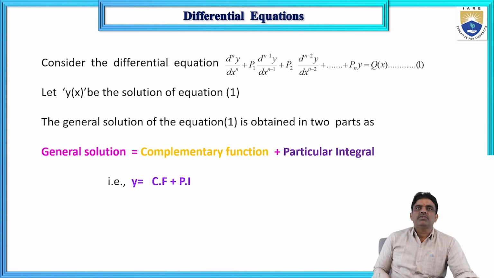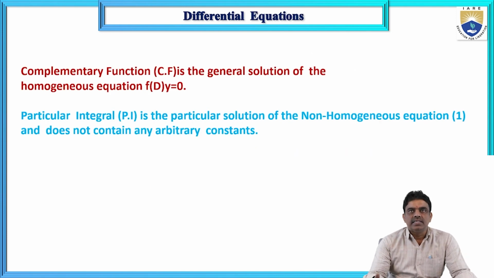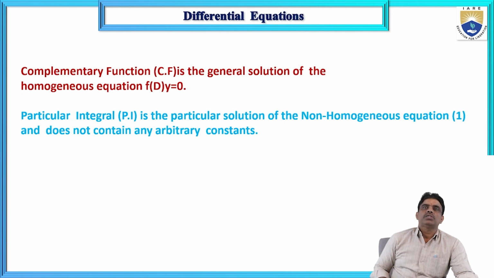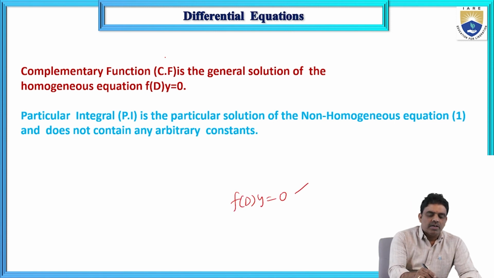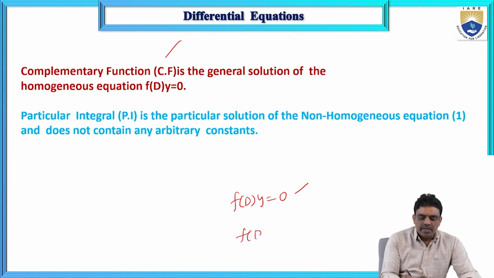The general solution will be of the form complementary function plus particular integral, where the complementary function is the general solution of the homogeneous equation f(D)y = 0, and the particular integral is the particular solution of the equation f(D)y = Q(x).